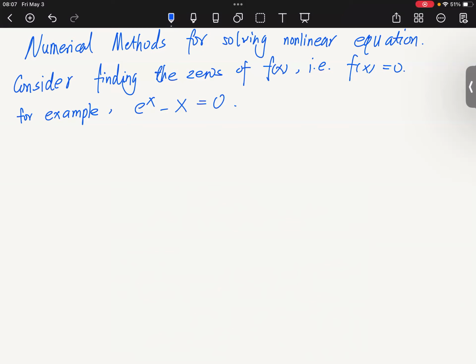It's called the bisection method, and this is the first method we are going to talk about in this class. The bisection method is based on something you are familiar with. It's based on the intermediate value theorem.